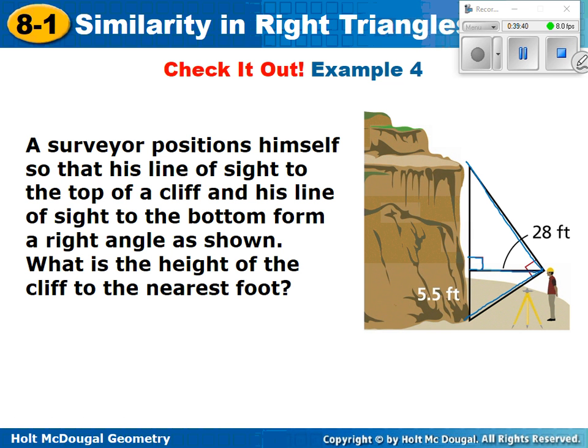They tell us his line of sight straight to the cliff is 28. They show us that this distance here is 5.5, and they want to know what's the height of the entire cliff. So what's this height? This little piece is 5.5. We could solve for this piece x. And then what could we do with those two pieces?